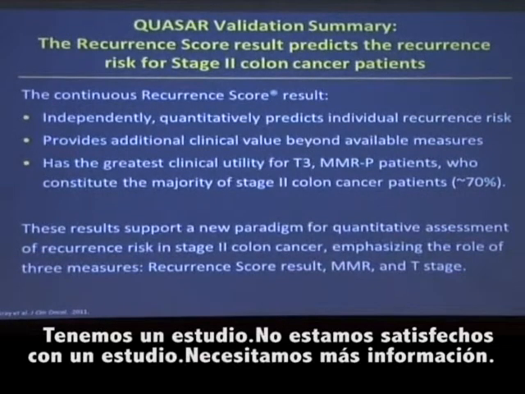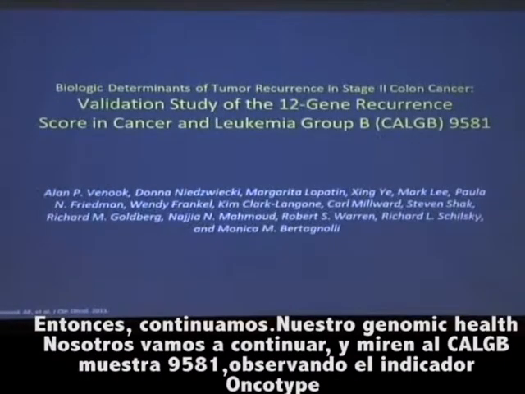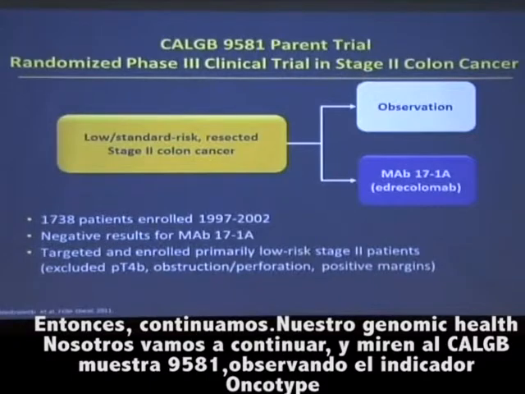Okay, so we have one study. We're not satisfied with one study. We need more data. So we went on, or Genomic Health went on. We're going to go on and look at the CALGB 9581 trial, looking at the Oncotype score. Okay.